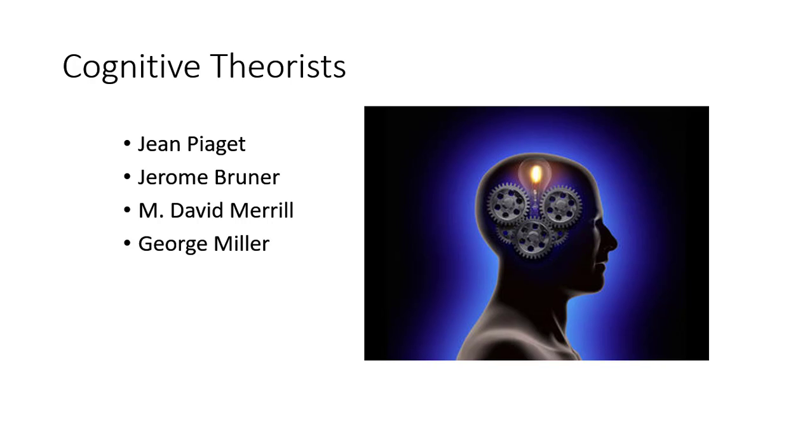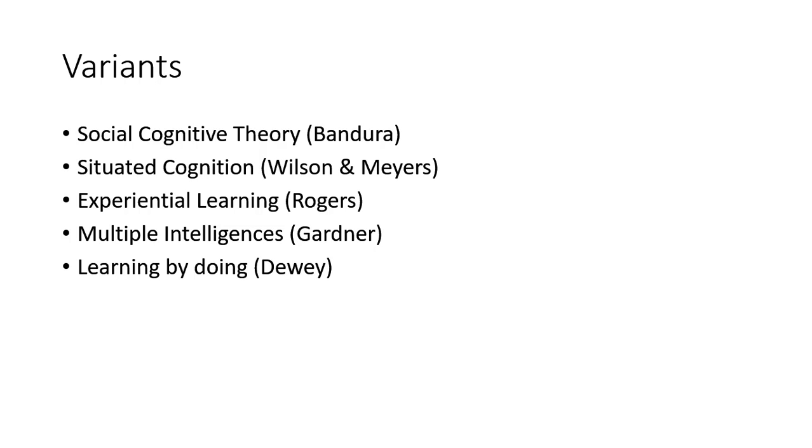Some of the variants of cognitive theory include social cognitive theory. Albert Bandura is one of the key names associated with that. Situated cognition, experiential learning, multiple intelligences, learning by doing, which is a Dewey concept.